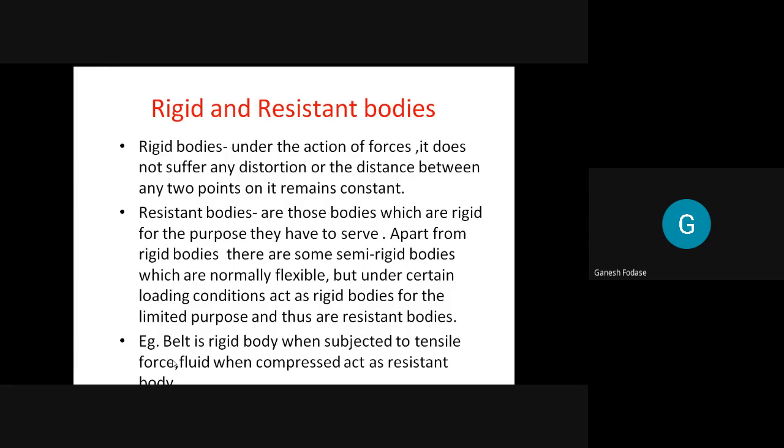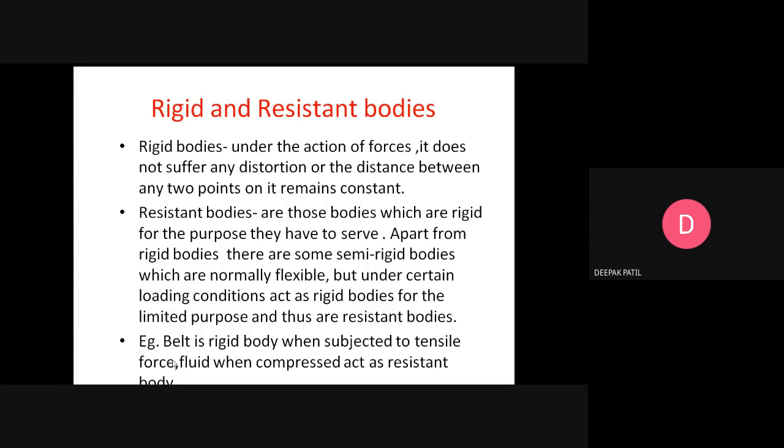Another example is fluids. When fluids are subjected to compressive force, they will act as a resistant body because they will resist compression. So resistant bodies are those bodies which are not rigid bodies, but they will act as rigid bodies for the purpose they have to serve.